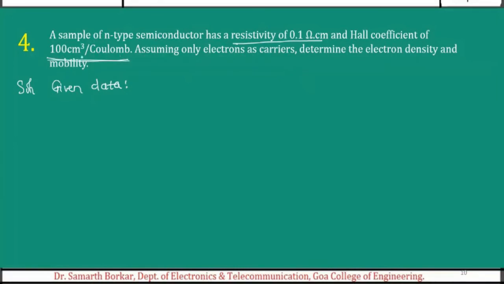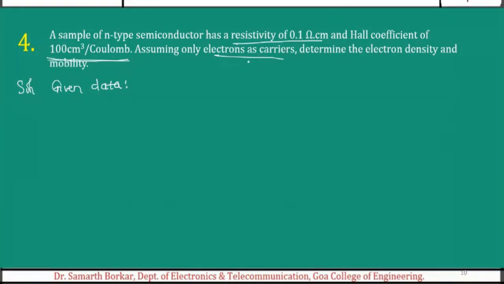Check out the units. Okay. In the previous problem it was meter cube per coulomb. Here it is centimeter cube per coulomb. N-type semiconductor, so only electrons are acting as carriers. We are not considering the holes as charge carriers here.